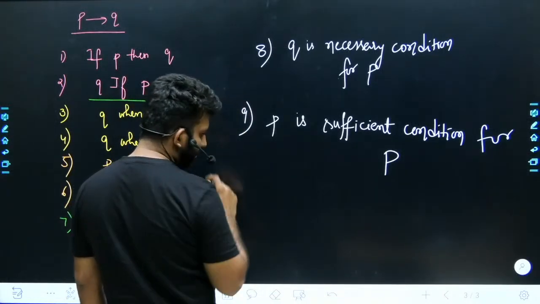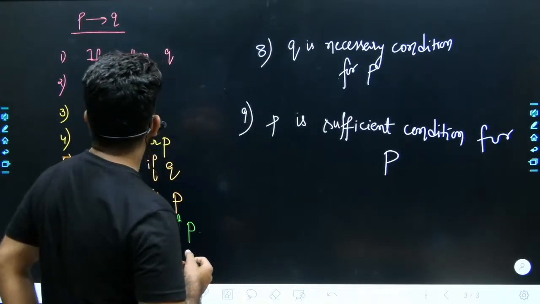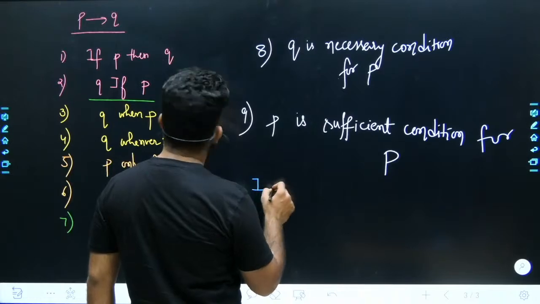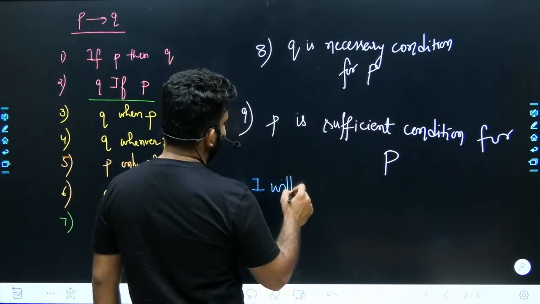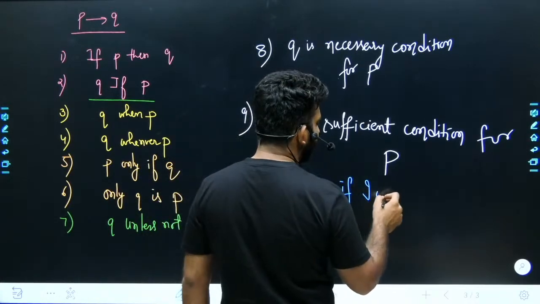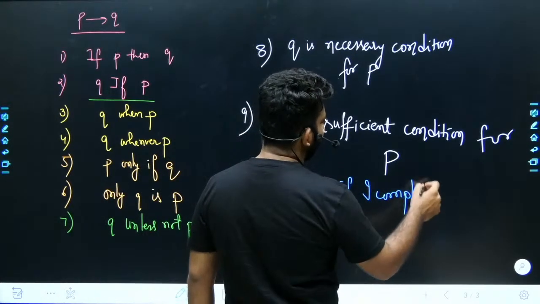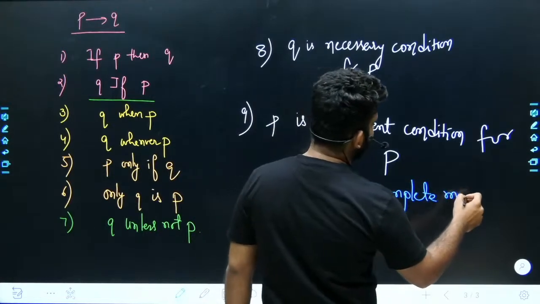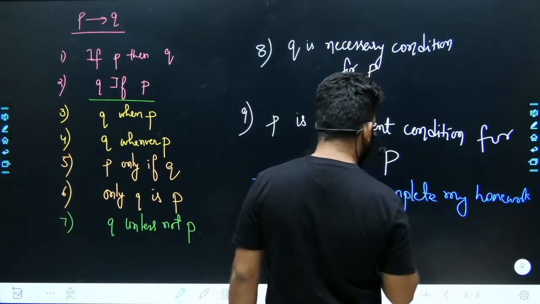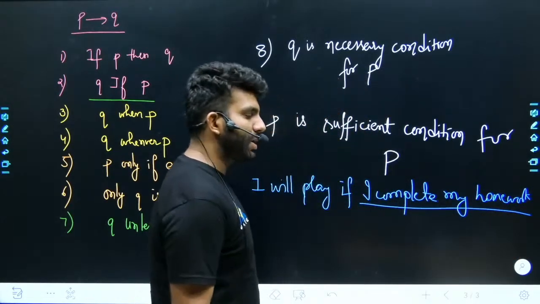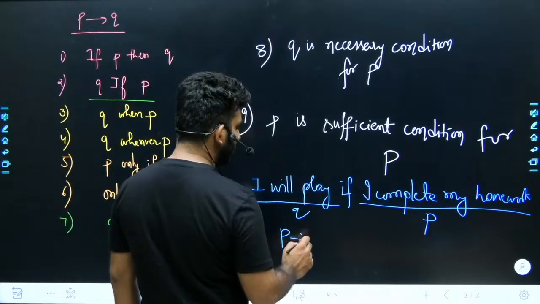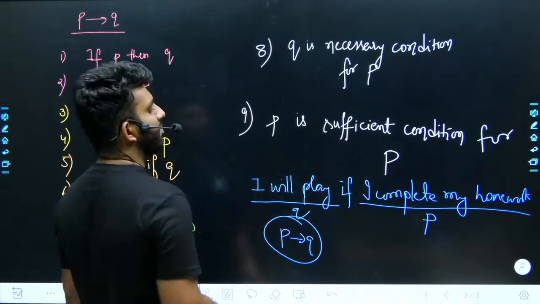I will play if I complete my homework. If I represent this proposition by P and this by Q, it means P implies Q. I will play if I complete my homework.